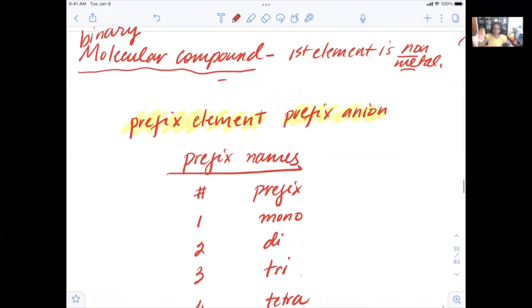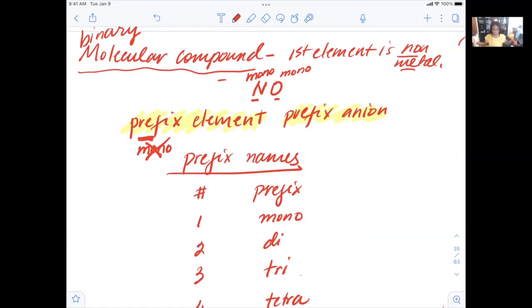Now to expand on the rule, you can use all the prefixes for the first element except for mono. So I usually write here prefix and I put mono and I cross this out. You cannot use mono to describe the first element if you have one. So for example, if you have N and O, where you have one nitrogen and one oxygen, you can use mono to describe the oxygen, but you cannot use mono to describe the nitrogen.